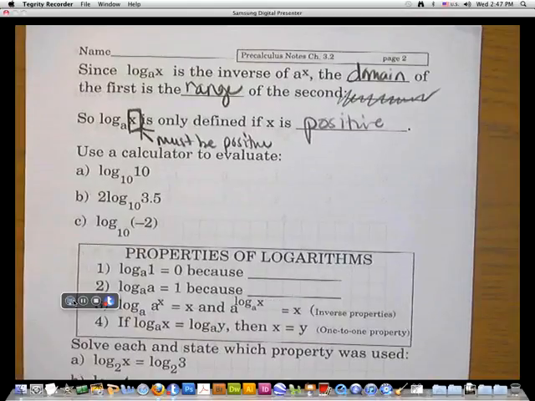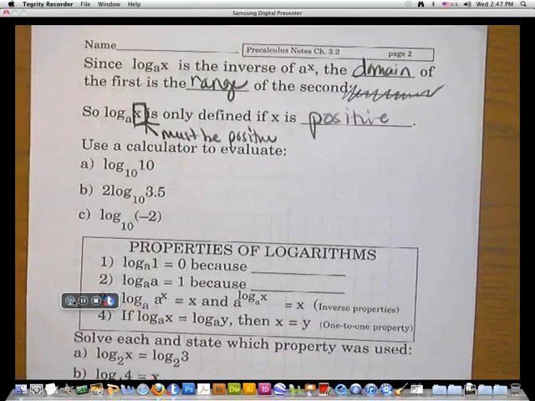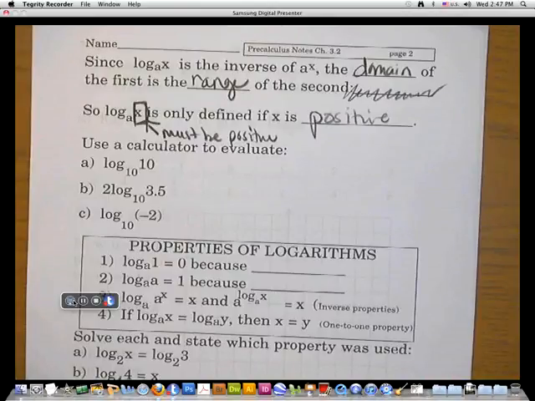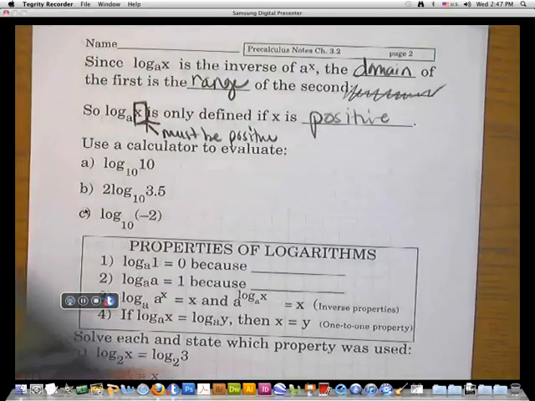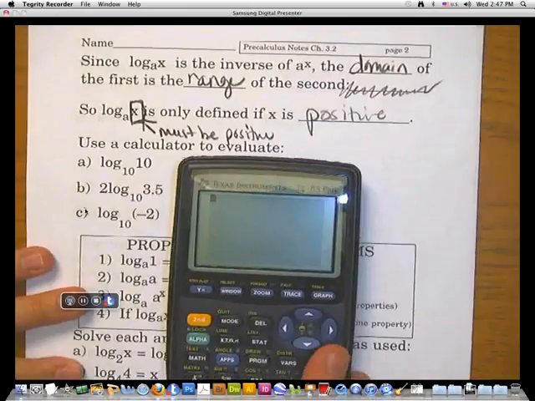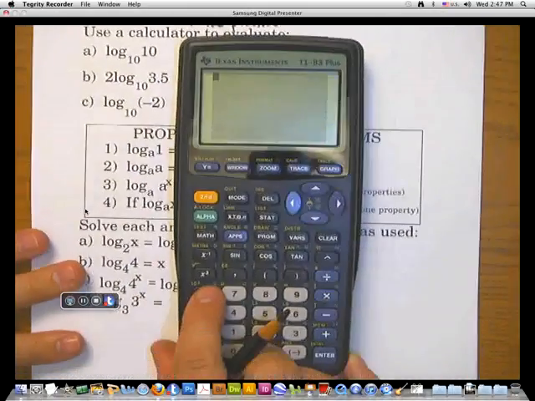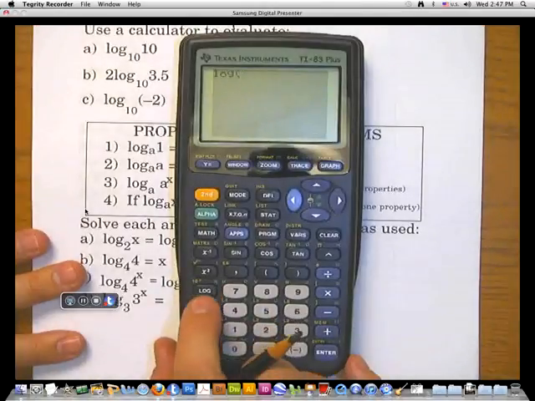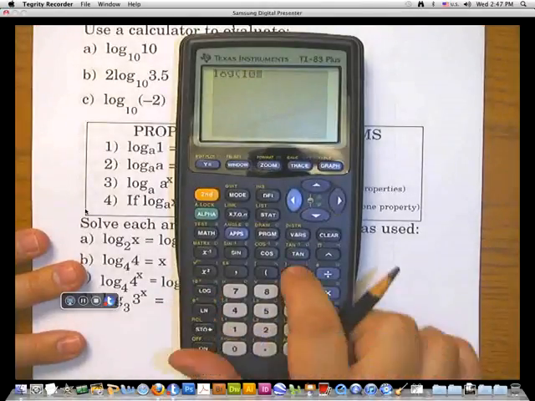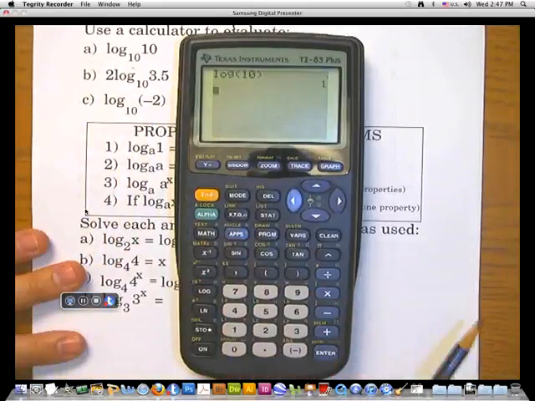All right, so use the calculator to evaluate log base 10 of 10, log base 10 of 3.5, and log base 10 of negative 2. Now, as I told you, our calculator in our normal wording is already in base of 10. So when you're typing in the log, all you have to do is hit log and then 10. And the base of 10 is already in my calculator.